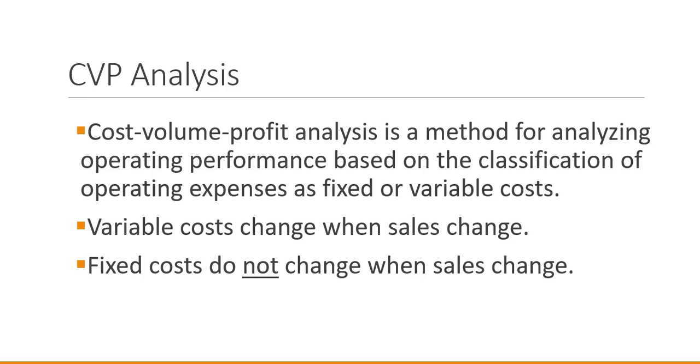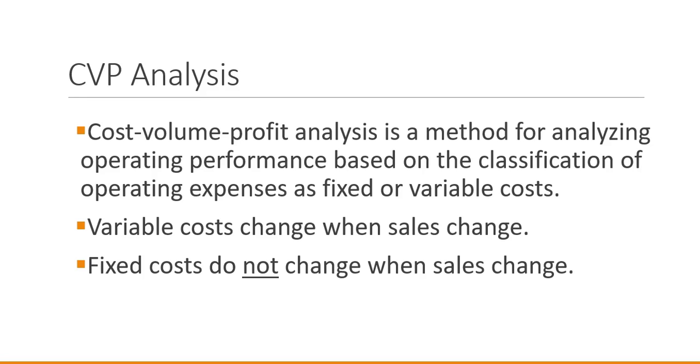One concept we'll look at is CVP analysis, cost volume profit analysis. This is a way of analyzing a company's cost structure based on whether costs are variable or fixed, and we're going to make a simplifying assumption, which is that all costs are either fully variable or fully fixed, which isn't always the case.